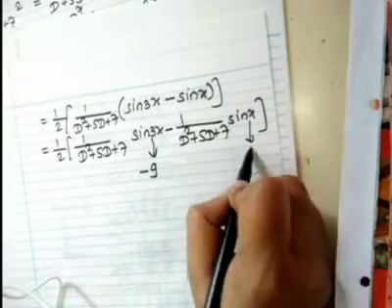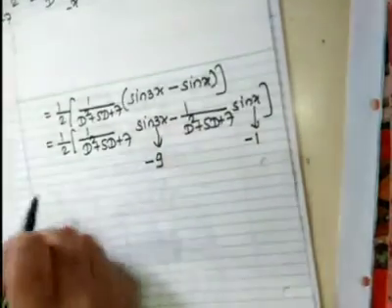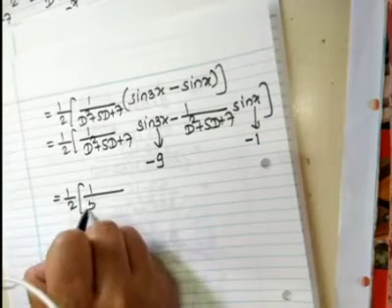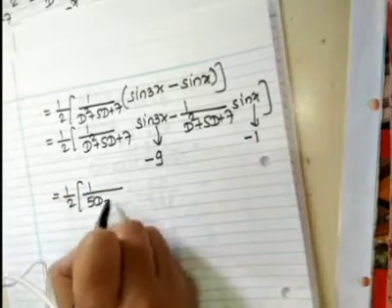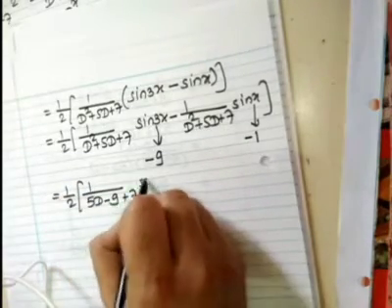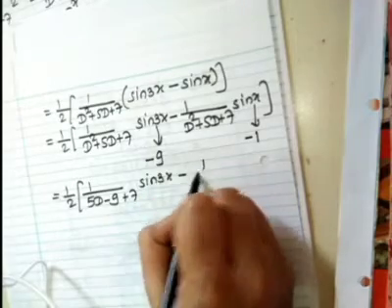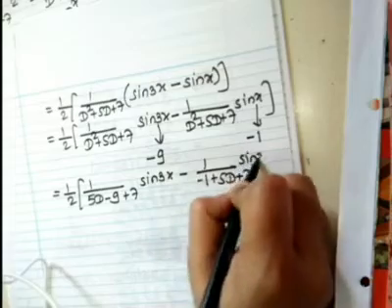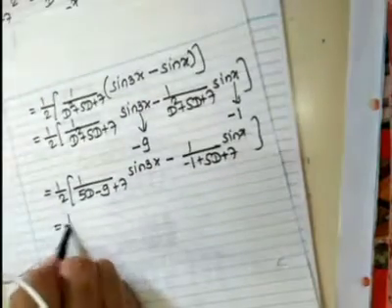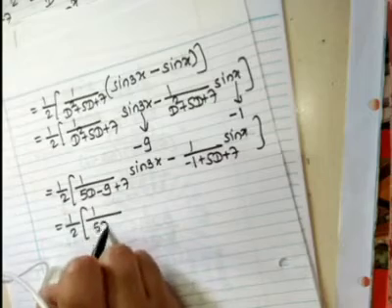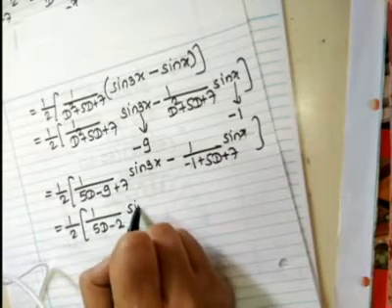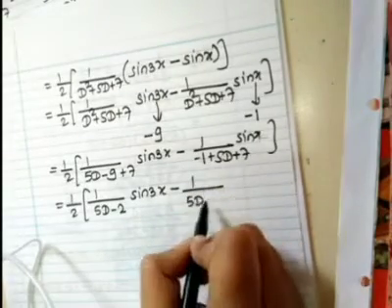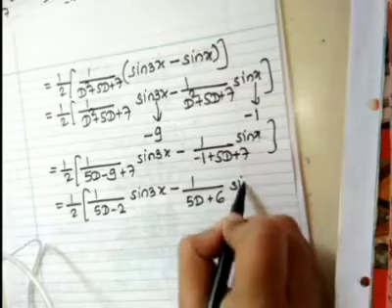For sin x it is 1, square is 1, so minus 1. So it is equal to 1 by 2 of 1 upon 5d minus 9 plus 7, that is 5d minus 2, sin 3x minus 1 upon 5d minus 1 plus 7, that is 5d plus 6, sin x.